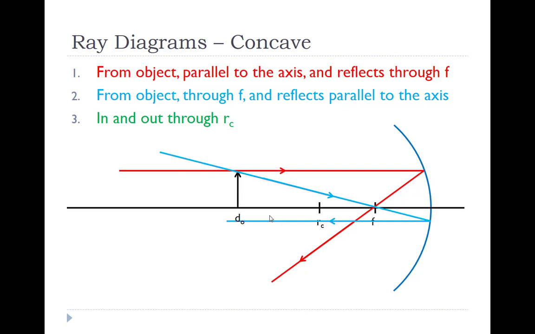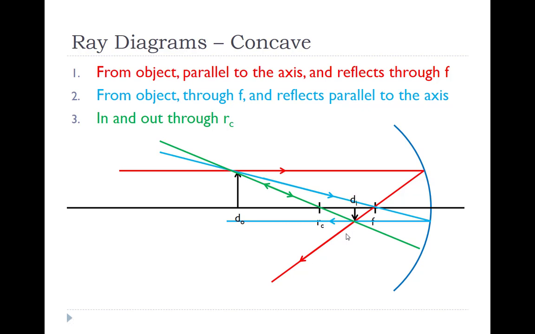The blue one comes in, hits the top of the object and the focal point, and then reflects parallel. And lastly, the green ray is going to just go in and out along the center of curvature. And notice there's a point here where the 3 outgoing rays overlap, and that is the location of the image.